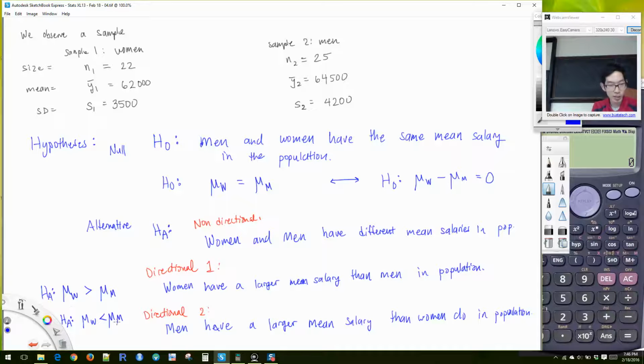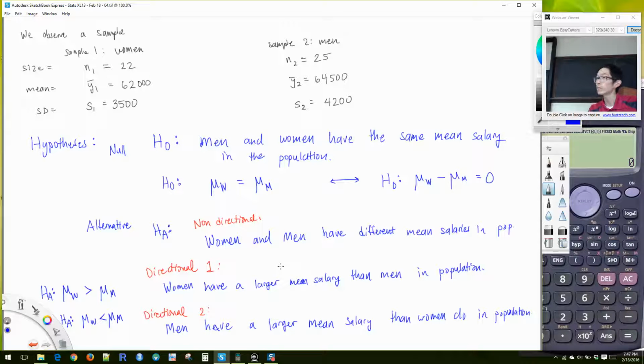It's too bad that the M's and W's in the way I write the mu all look the same. It looks like I'm just writing squiggles, little mountaintop ranges. Maybe I should write F for female. But are we okay with this? All right, so this is how we can express our alternatives.